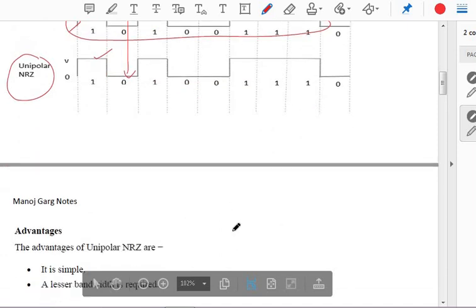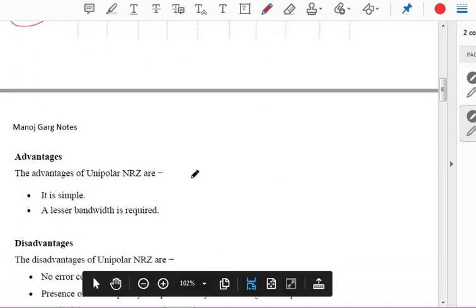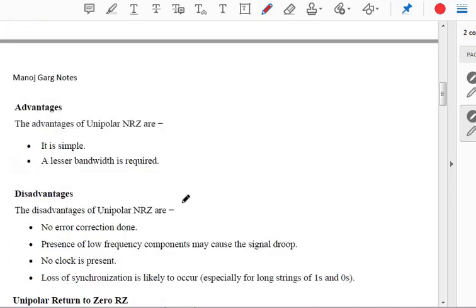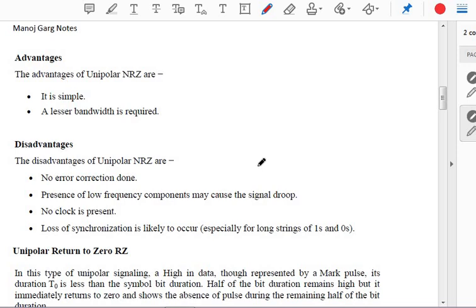There are some advantages. It is very simple and the bandwidth is low. But there are some disadvantages also. In this coding, there is no facility for correcting the data.